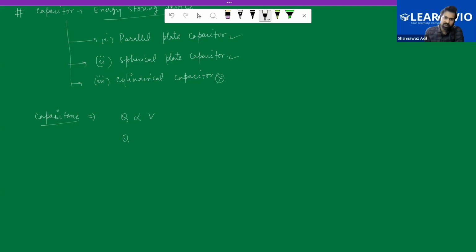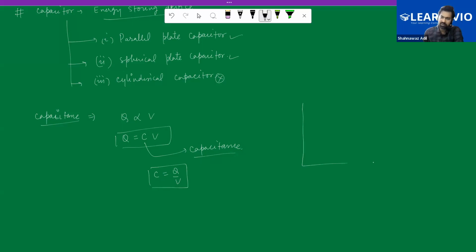So if we remove this proportionality sign, we'll have this constant, and this is what we call the capacitance. So C is simply Q by V. This capacitance doesn't depend upon the charge or upon the potential.